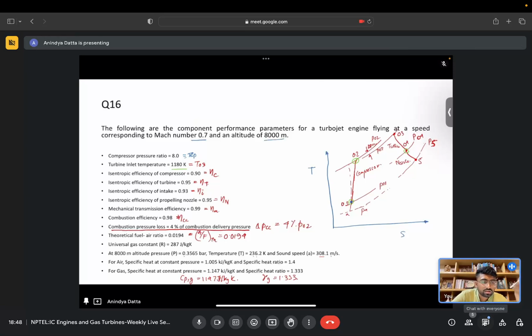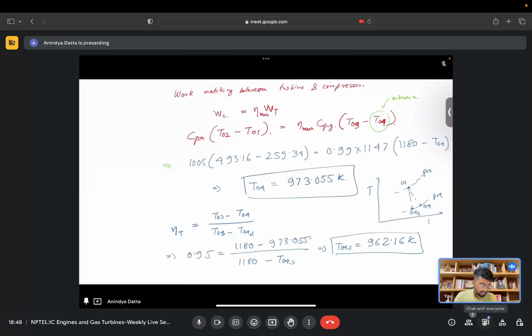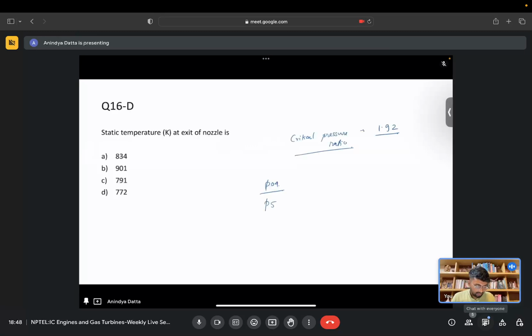The gases should exit the nozzle at the ambient pressure, because P5 should be equal to the ambient pressure. Now if we check P04 by P ambient, P04 is 1.64 and P ambient is 0.3565, so we get 4.6.